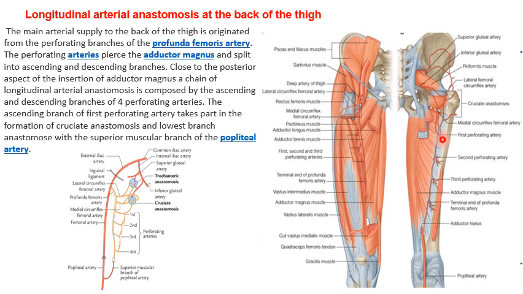So the ascending branch of the first perforating artery participates in the cruciate anastomosis, and the descending branch of the fourth perforating artery will anastomose with the superior muscular branch of the popliteal artery, thus having formed a continuous longitudinal anastomosis, which forms the main supply to the hamstring muscles.